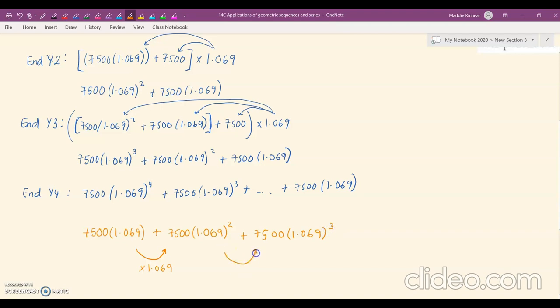So we can see from here to here we have times by 1.069, and this will carry on, and you will sum all these values up till the nth term. So however many years you deposit this money.